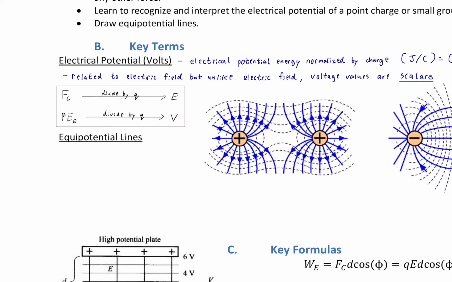It's very common and useful to divide by charge in order to discuss quantities like electric field and voltage, because now we have a map, like these pictures here, that is independent of what you put in it.